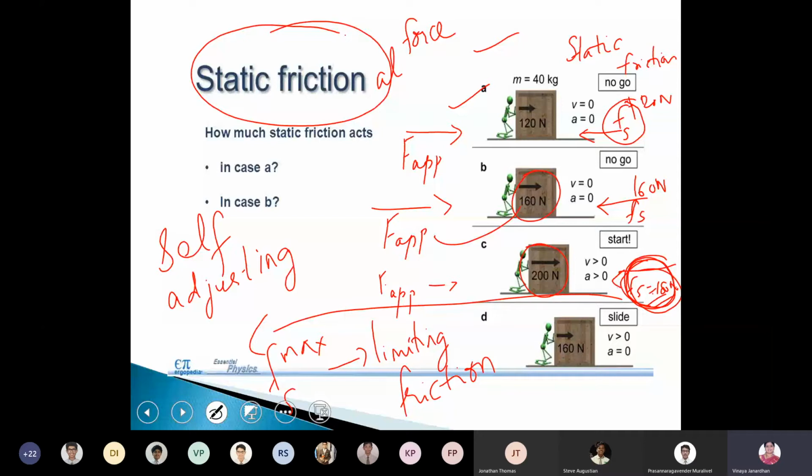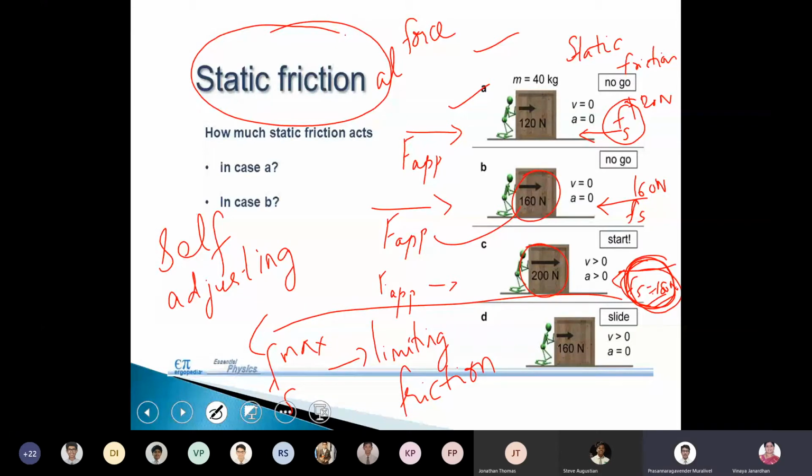It is not moving, it starts to move. When it starts to move, your static friction will have a maximum value, and this maximum value of static friction, we call it limiting friction. Is that clear, or should I explain all these concepts once again, boys? It's clear.